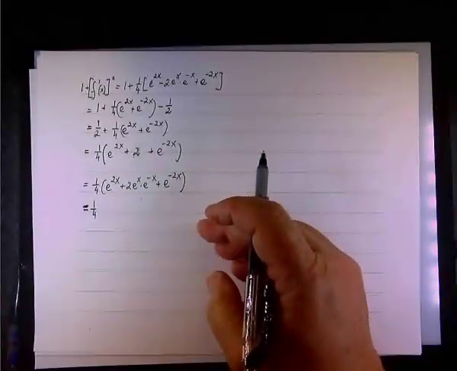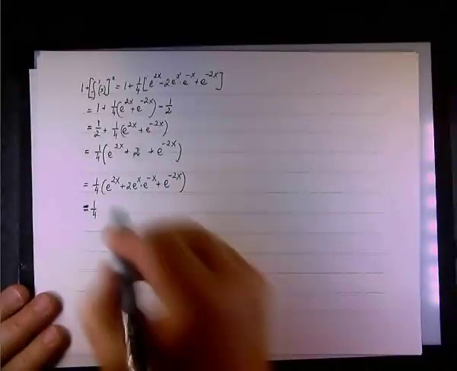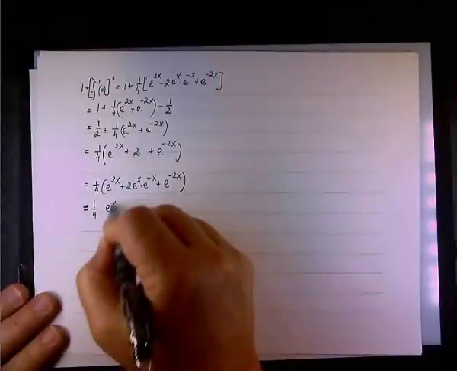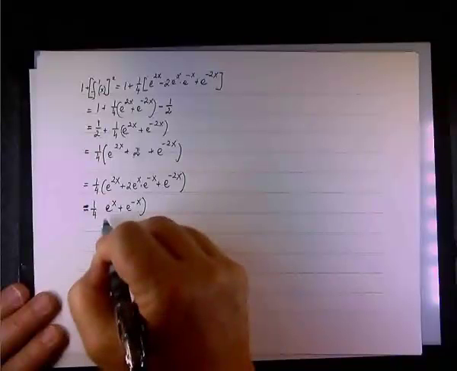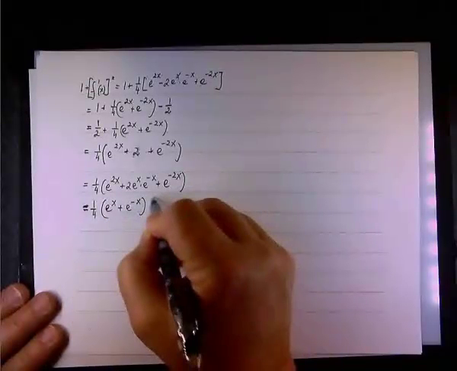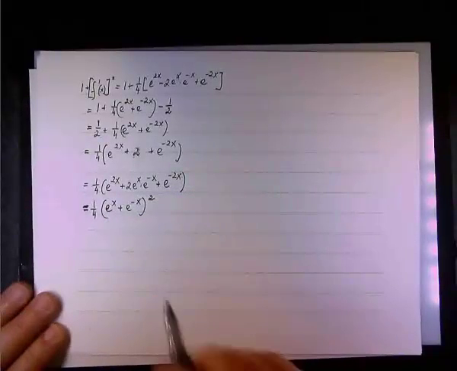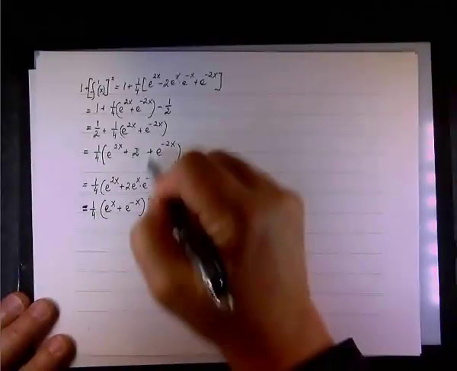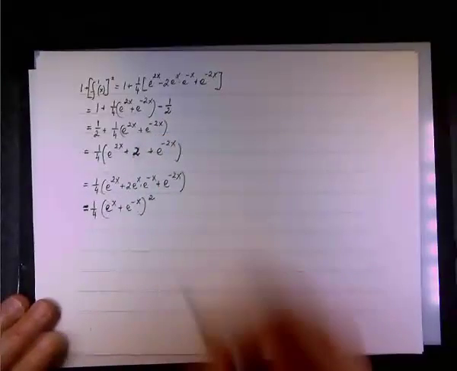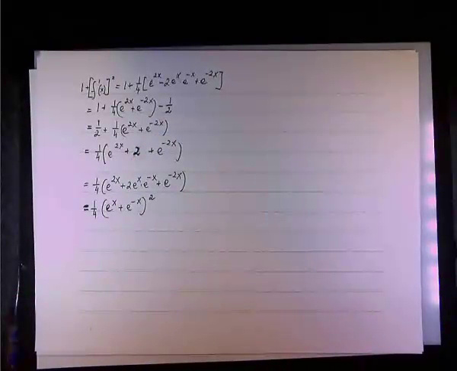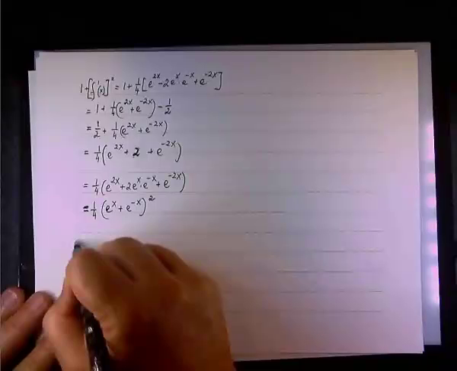Now, why did I do something like that? What is it that I'm looking at right there? Very good, Greg. It's exactly what it is. It's e to the x plus e to the negative x, squared. Remember, this is inside the radical.